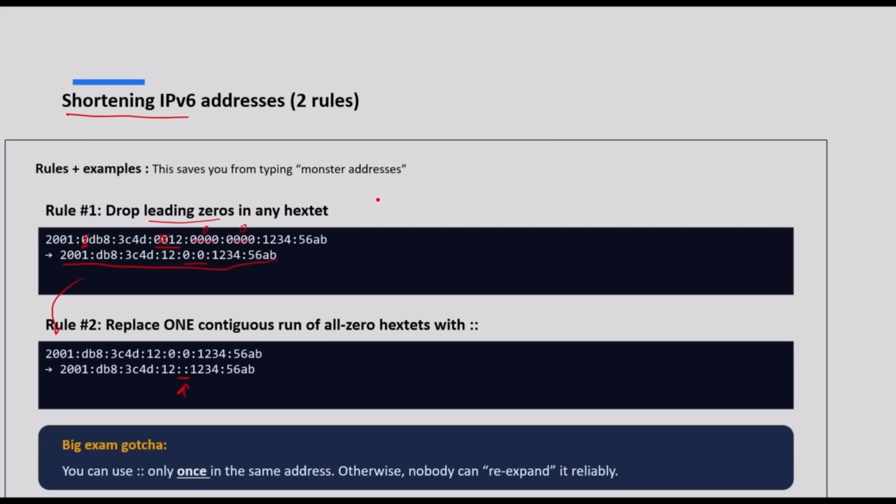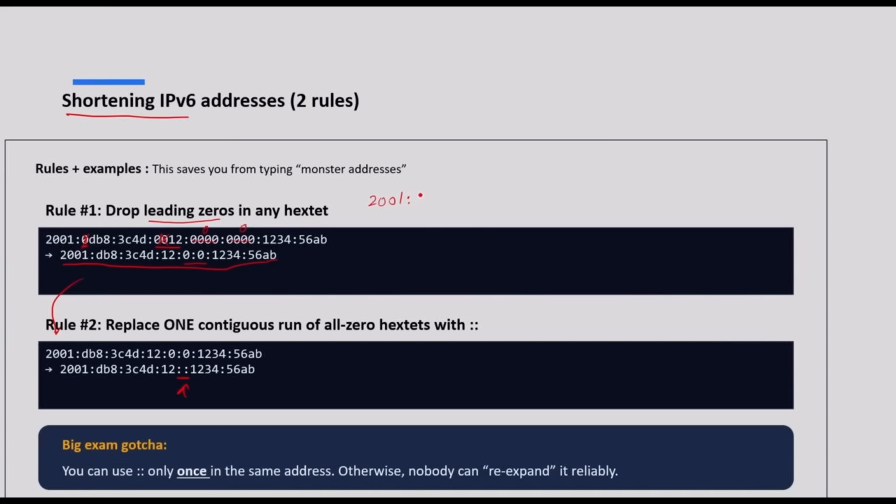Let's say we have something like 2001, which I call 2001, but of course this is not 2001 as a decimal number, because this is a hexadecimal number. The better way to read this is one way, but the easier way is 2001. So I'm going to have something like this.